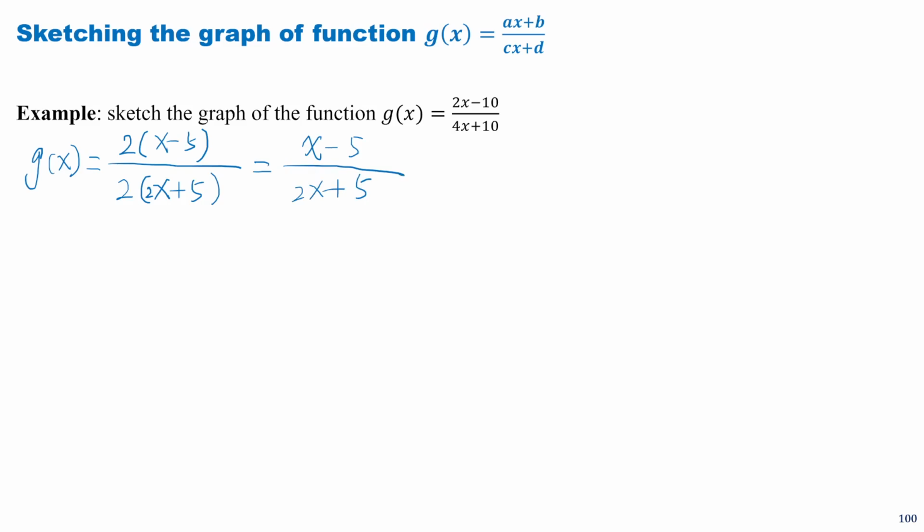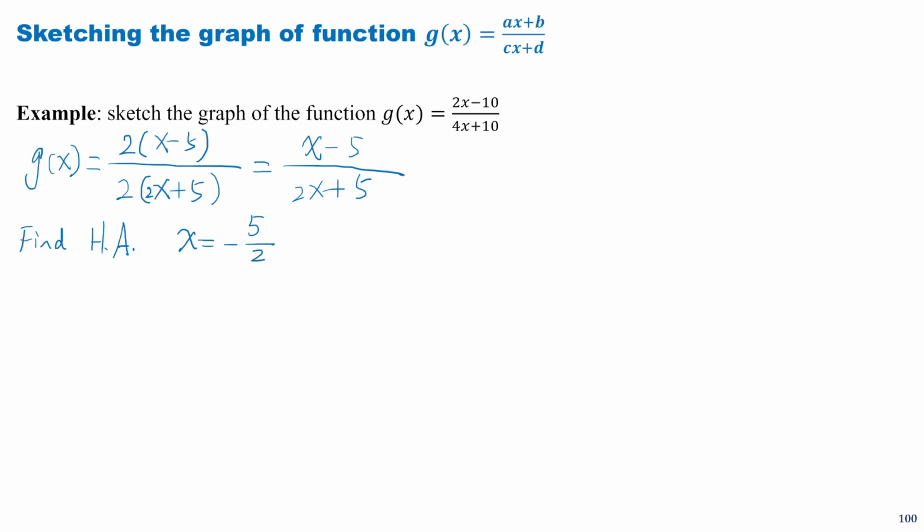Can you follow me? Yep. Next, let's find its horizontal asymptote and vertical asymptote. First of all, the vertical asymptote, which means the value that x cannot be. Apparently that's x equals negative 5 over 2, right?